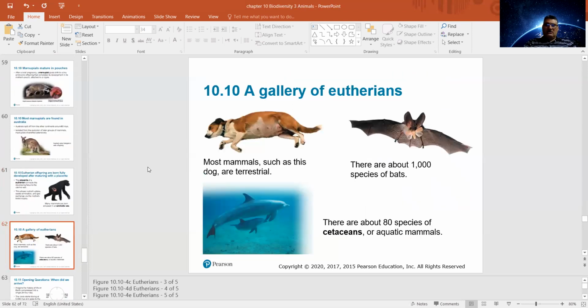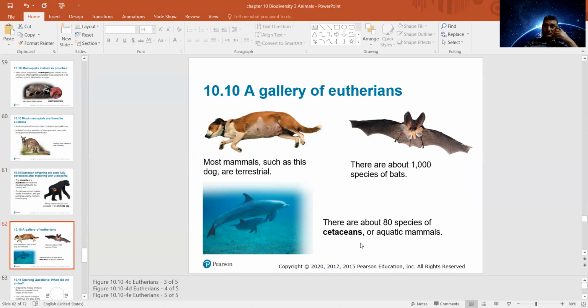Here are some Eutherians that have this, like dogs. Most of them are terrestrial. Terrestrial again means living on Earth. Bats, there are 1,000 species of bats, but they are considered Eutherian. So bats have placenta. Dogs have placenta.